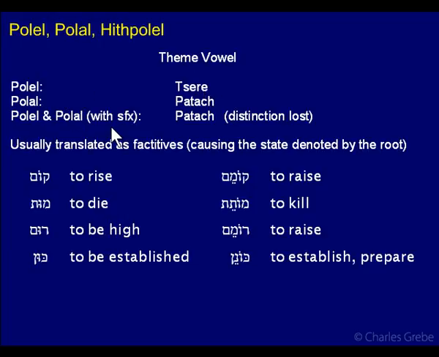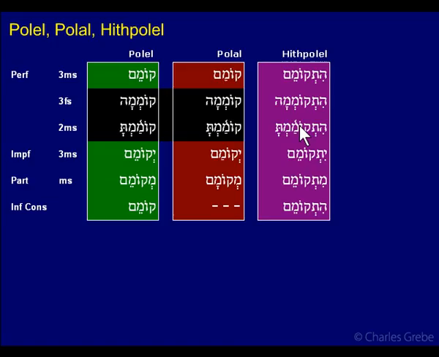When polel and polal have suffixes, they go to patach, or with verbal suffixes it becomes a shva. In either case, it becomes the same, and your distinction is lost. Okay, so these are the black forms that I talked about. With either vocalic or consonantal suffixes, the distinction is lost because you either reduce your theme vowel, or the theme vowel becomes a patach with that second person switch.